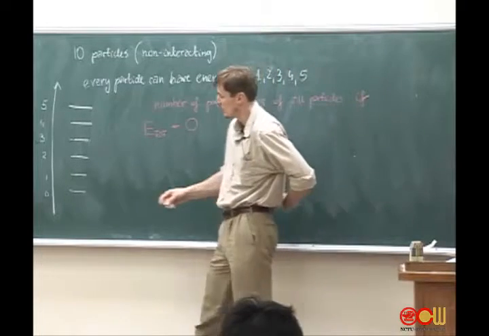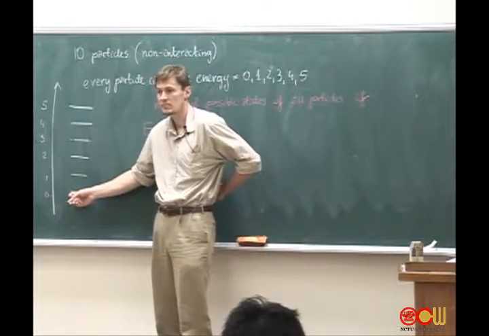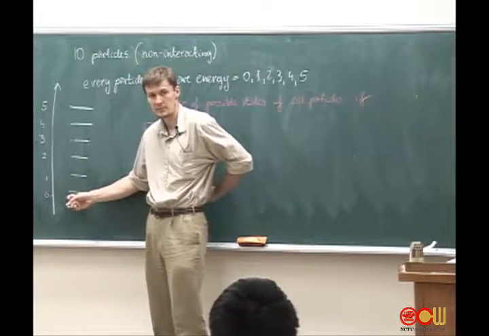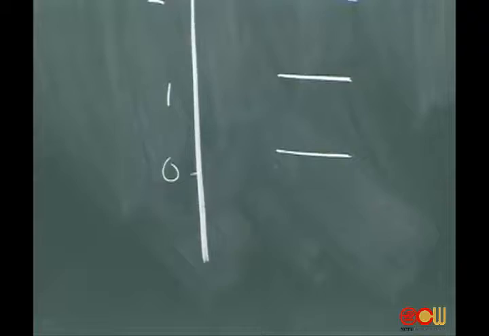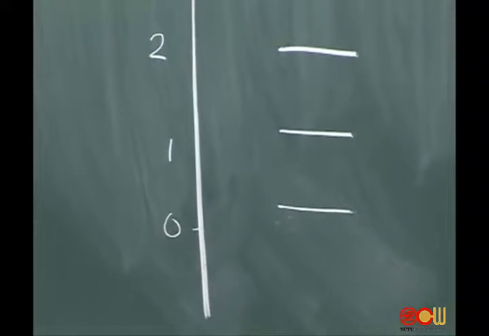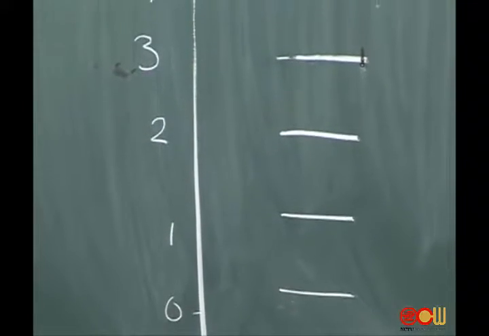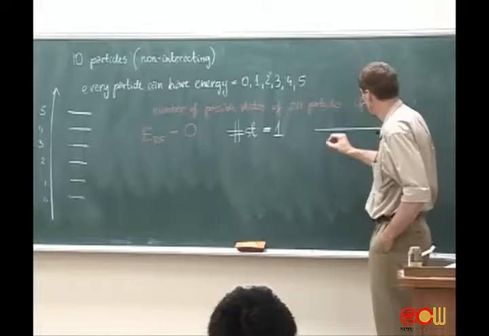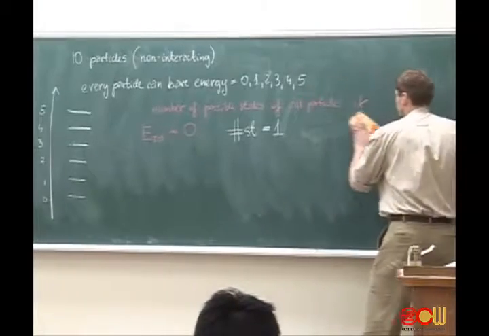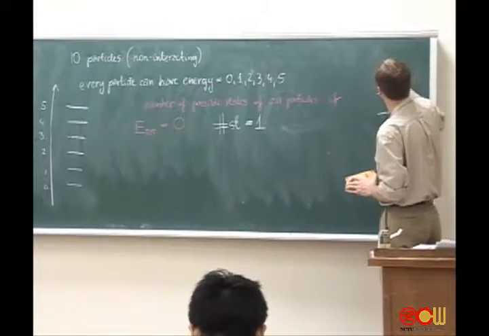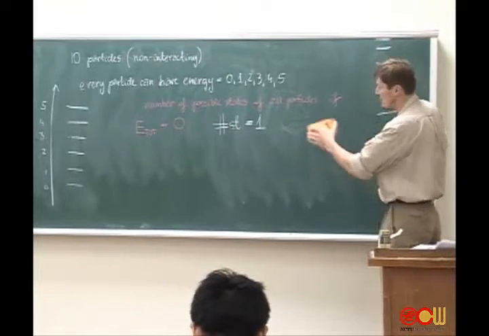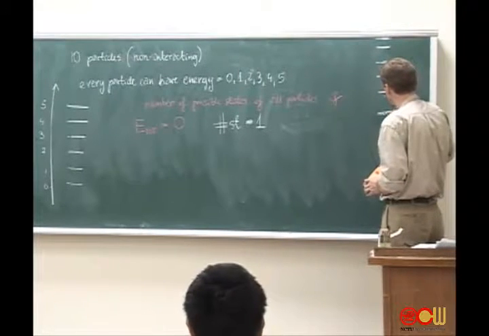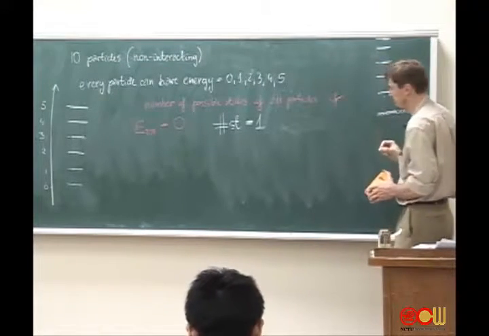It means that every particle is at this state. So the first particle is here, the second particle is here, the third particle is here, all particles are here. So the number of states is only 1. And this particular state looks like that, 1, 2, 3, 4, 5, 6, 7, 8, 9, 10.